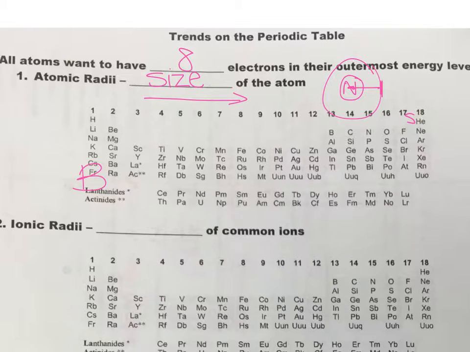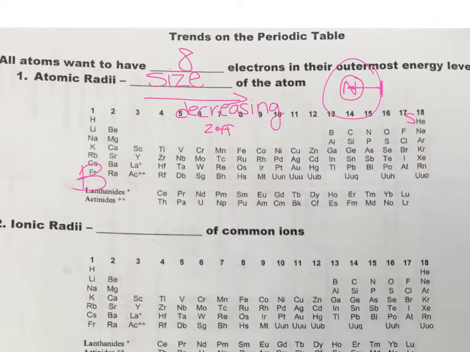All right. So as you move across, you are increasing or decreasing? Decreasing. Okay. And the reason why, is it because you are adding energy levels like shields, or is it because you're adding protons? You're adding protons. So that is going to be Zeff. That's your reasoning.